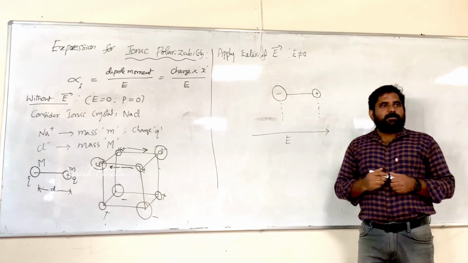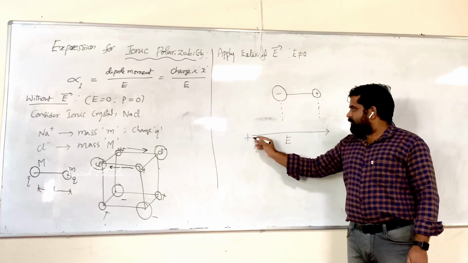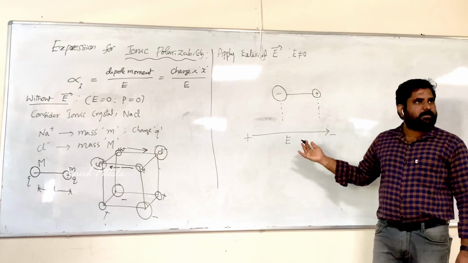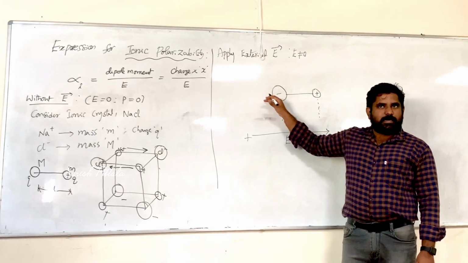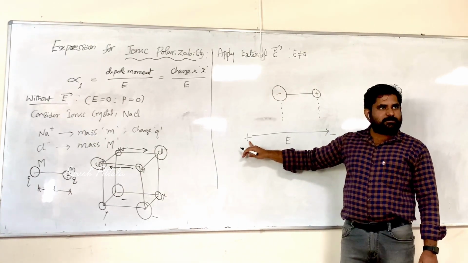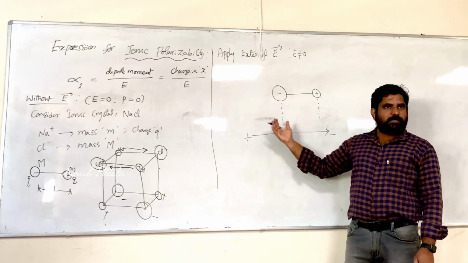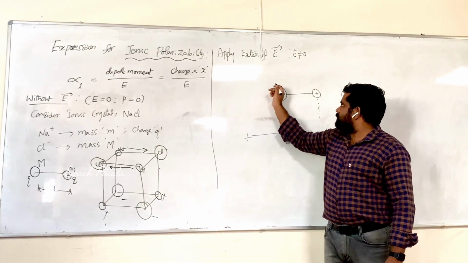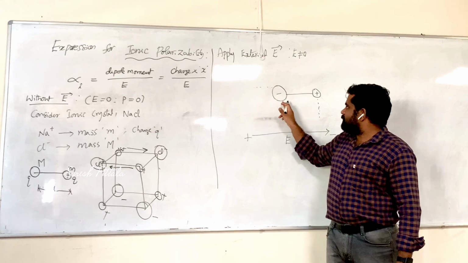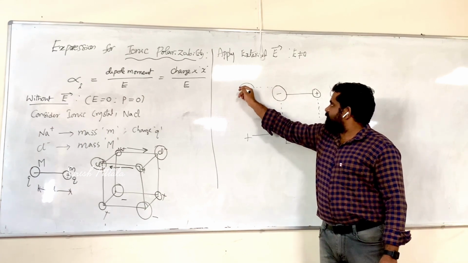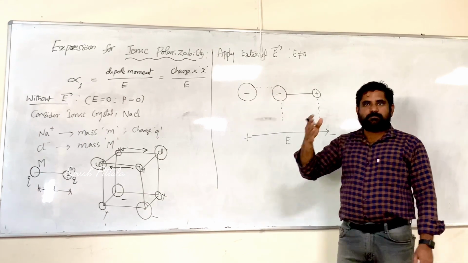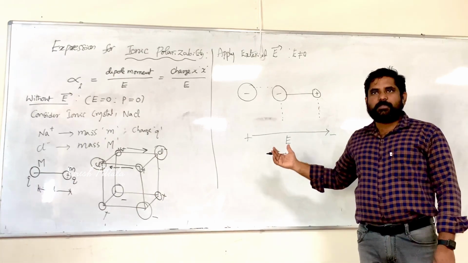The electric field goes from positive to negative side. So the negative ions get attracted towards the positive side, so this moves this side. It will move from this position to somewhere here. It cannot go that side.